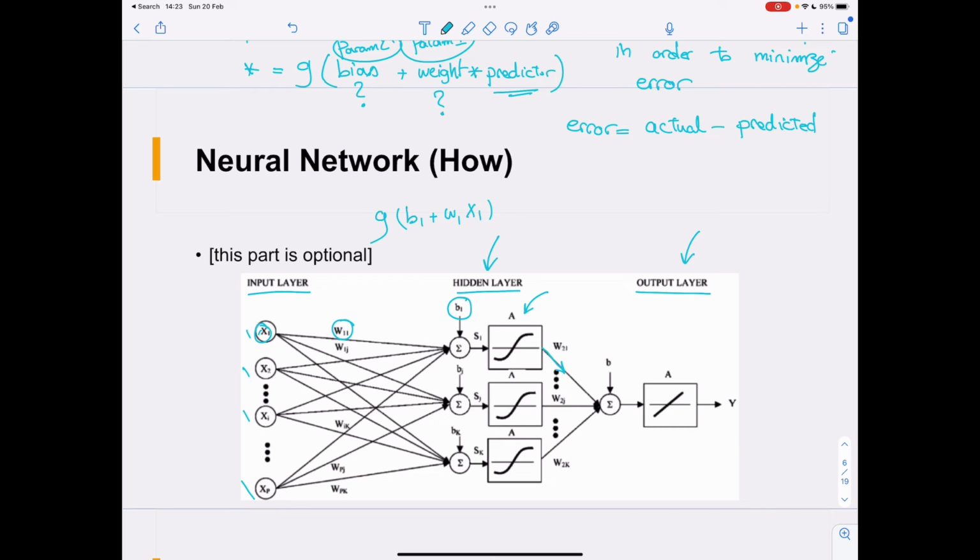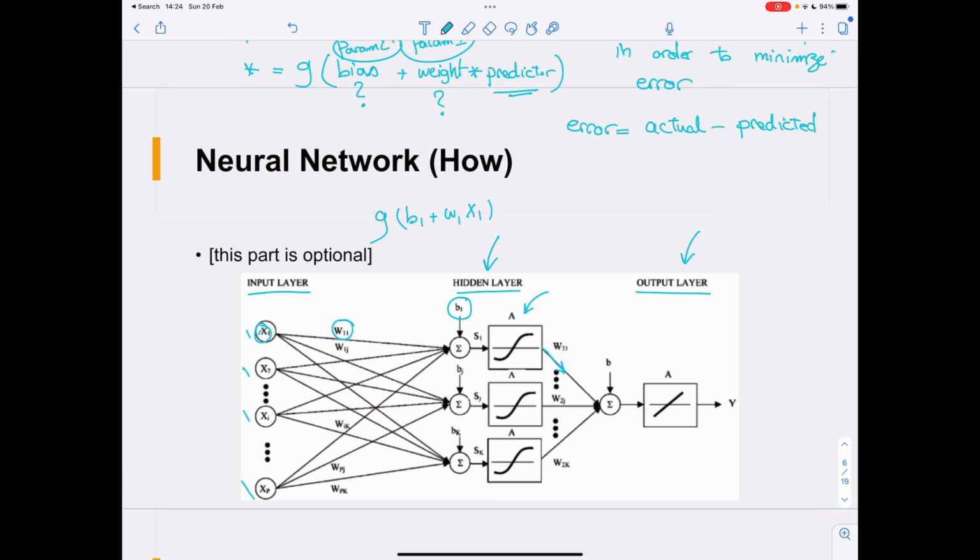So it might be very confusing for you. I do not insist on learning the nuts and bolts of neural networks. I just wanted to give you some sense of how a neural network works. And if you get some intuition of how this system works, then it's enough for the scope of our module.